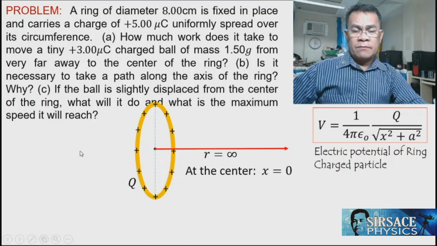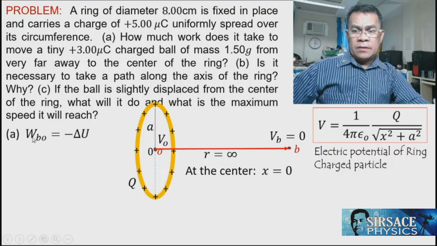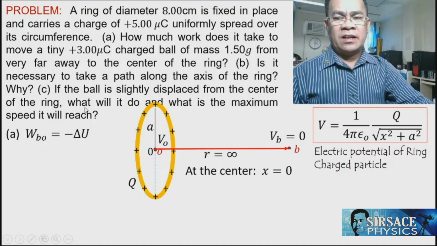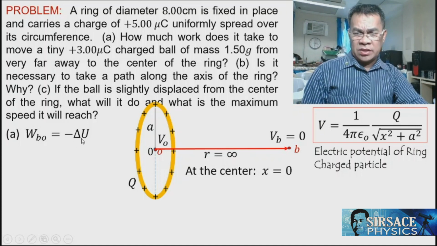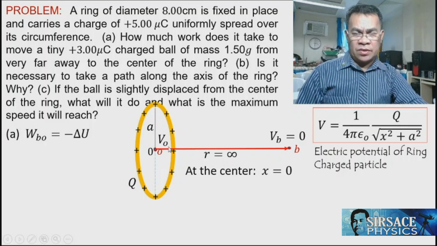So the work done from B to O is the negative change in electric potential energy. What do you mean by change in electric potential energy? Change means final minus initial. So in this case, we have two points.